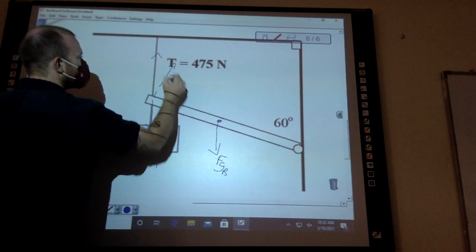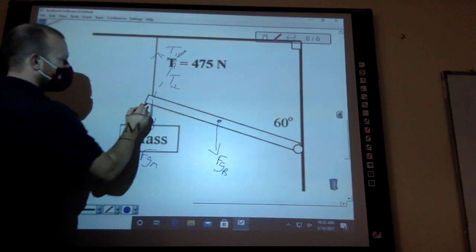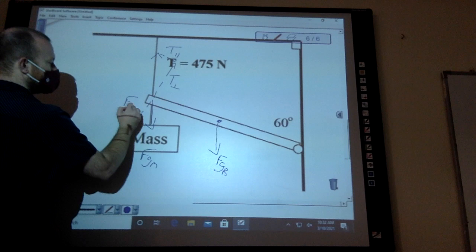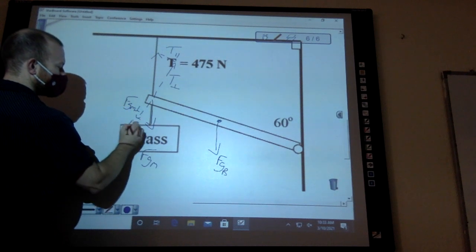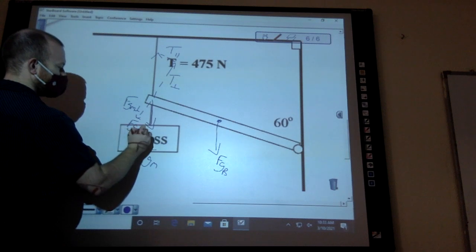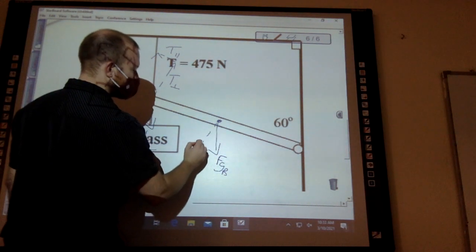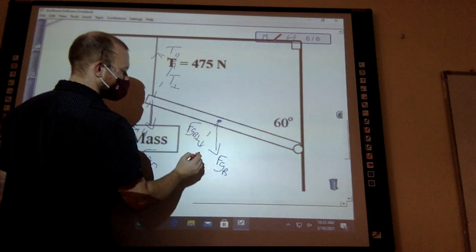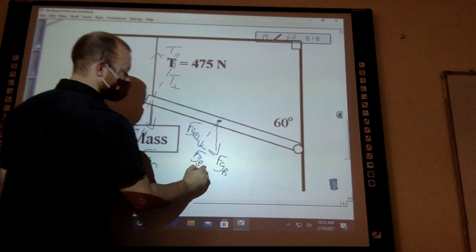Add T perpendicular, T parallel. Add FGM perpendicular, FGM parallel. Add FGB perpendicular, FGB parallel.